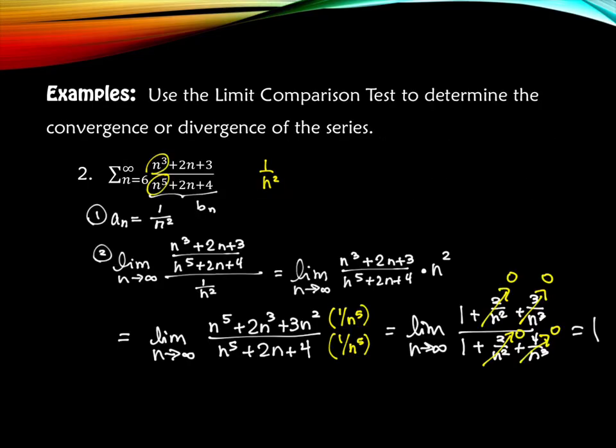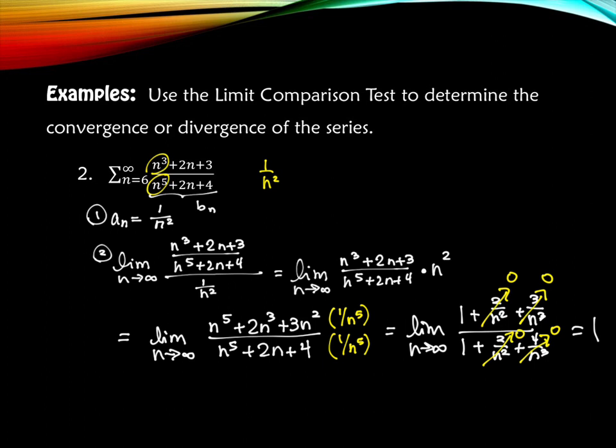Now, it's probably worth noting that if there had been a constant in front of the n cubed, like 3n cubed, that's fine. All that's going to happen is I'm going to get a limit of 3 right at the very beginning. There's no problem with me having a limit of 3. I just need a constant that's positive, and 3 is.